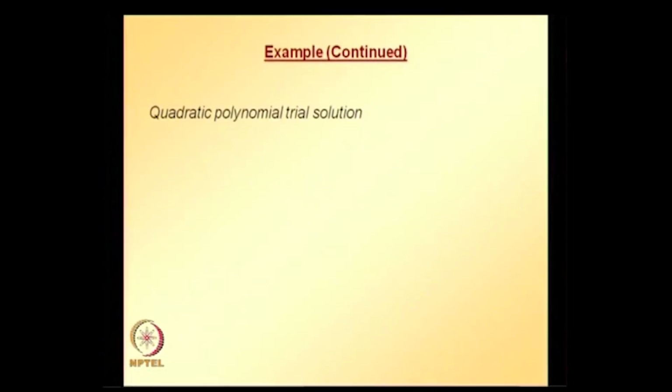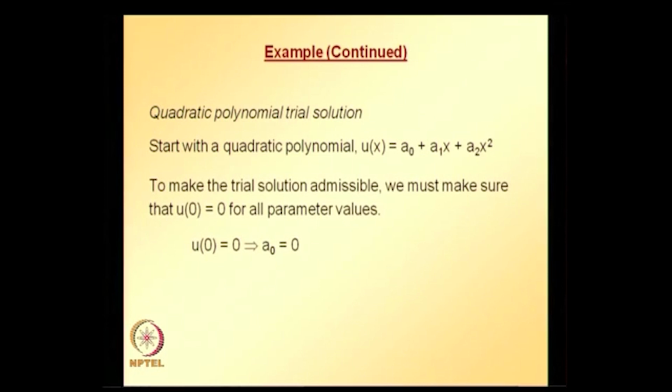So now let us start with a quadratic polynomial trial solution. Let us say that we take u is equal to a naught plus a1x plus a2x squared. Before we proceed further, the first job is to make this trial solution admissible.